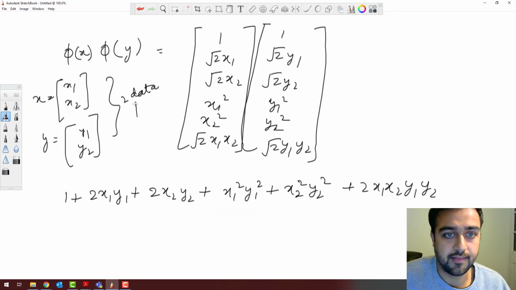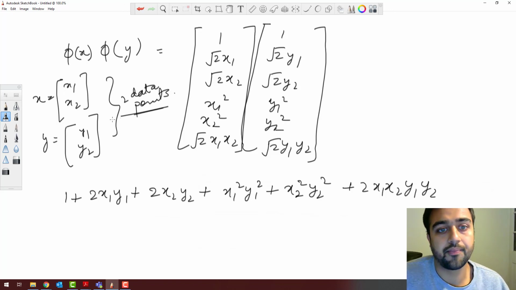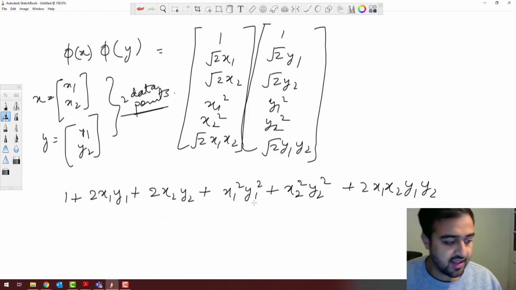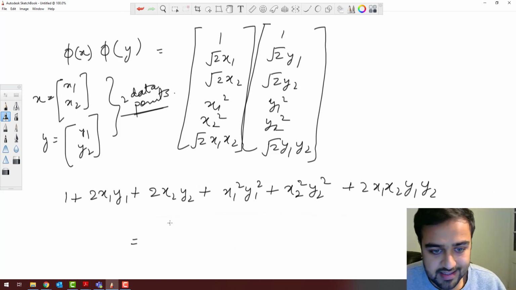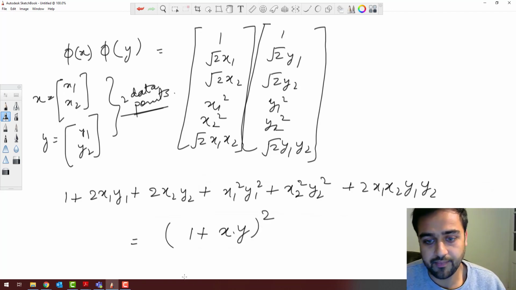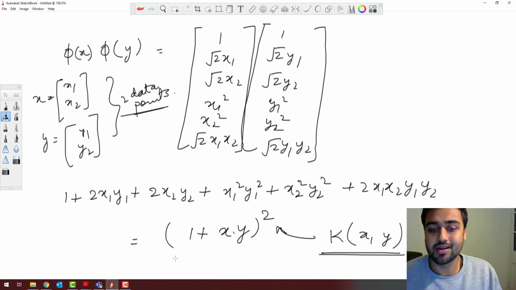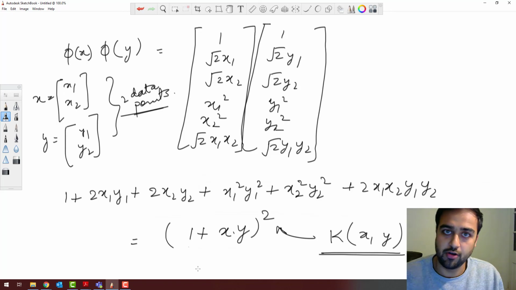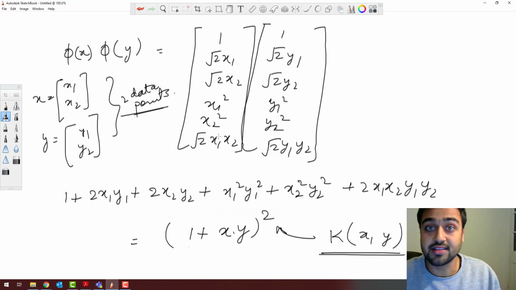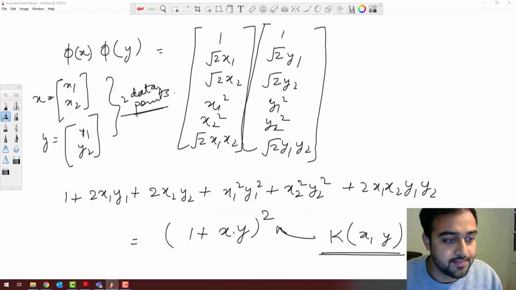These are two data points. So if you look closely, this is nothing but (1 plus x dot y) square, right? Hence this is a valid kernel. It's a polynomial kernel where c is equal to 1 and q is equal to 2. So if we use a polynomial kernel, we get a six-dimensional feature space that makes our XOR linearly separable.